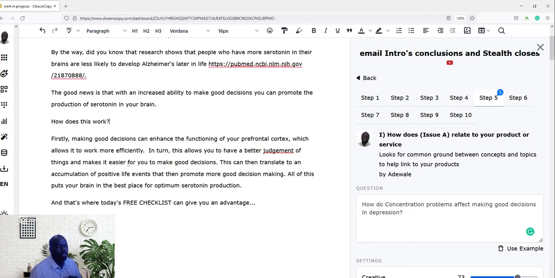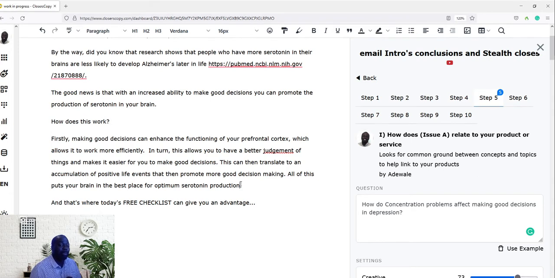In turn, this allows you to have better judgment and makes it easier to make good decisions. And you can see the cycle it's just building there, almost like a logical argument. This can then translate to an accumulation of positive life events that then promotes more good decision making. All of this puts your brain in the best place for optimum serotonin production. And this is what we're trying to get the person interested in.